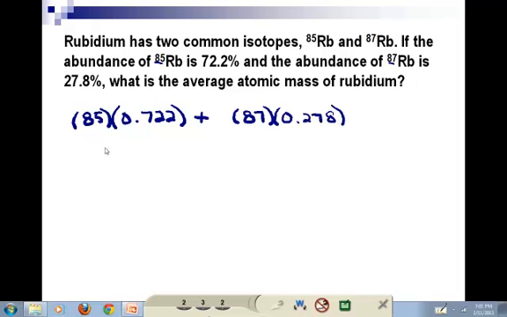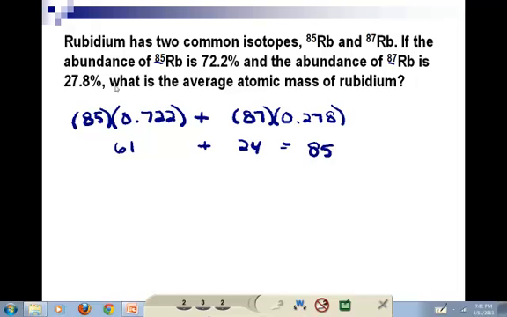When I do this, because I only have 2 sig figs there, this becomes 61. I only have 2 sig figs here, so this becomes 24. When I multiply these two together, I get 61. I multiply these two together, I get 24. And it becomes 85. And the actual atomic mass of rubidium is like 85 point something, I can't remember.